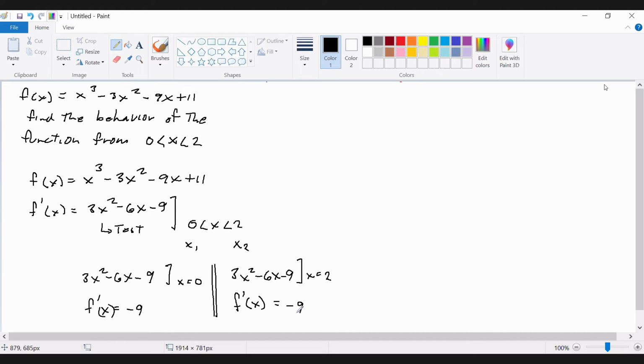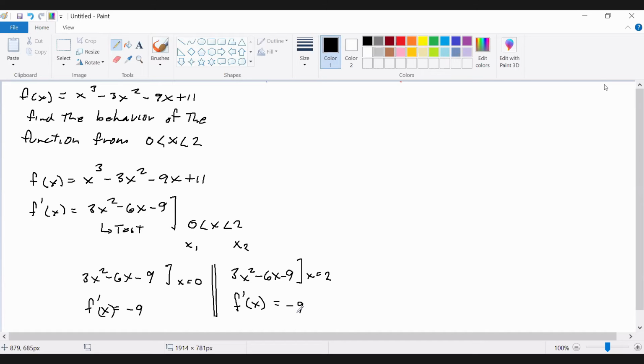Wait, let me read the definition again. First derivative test. Oh, I see. If f prime of x is less than 0 for the values in the interval, so negative 9 is less than 0, negative 9 is still less than 0, then the function is decreasing. Okay.